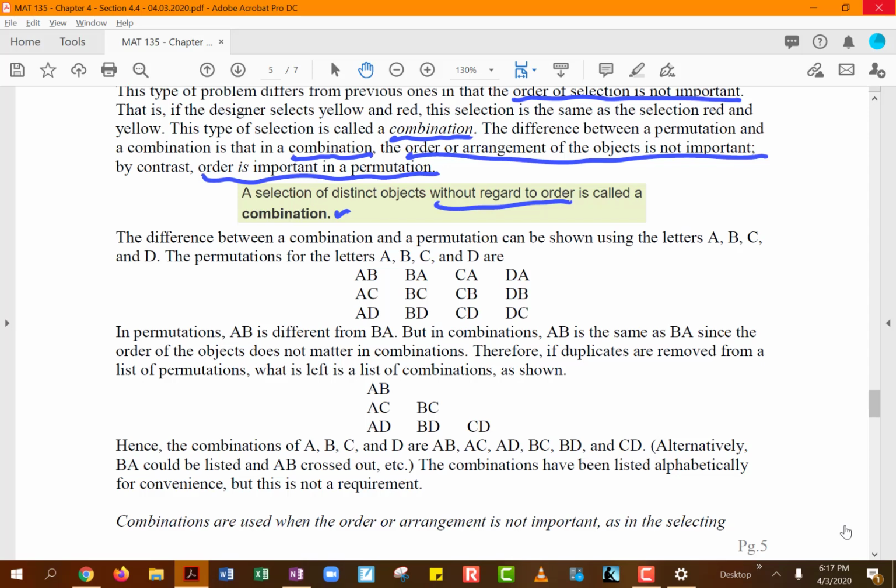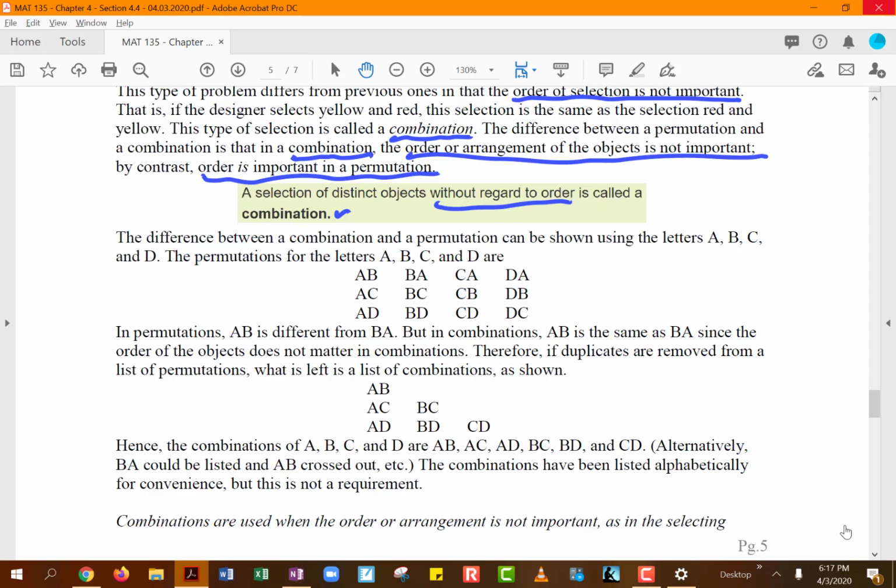Then you have BA, BC, BD, CA, CB, CD, and then DA, DB, DC. So all the different ways you can arrange those 2 letters. That's a total of 3 times 4, so 12 different outcomes.